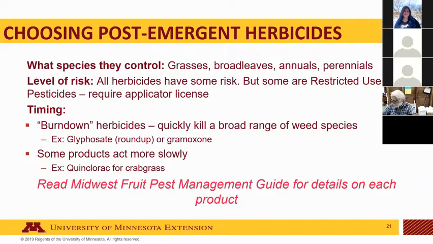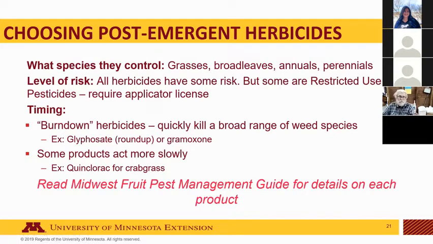The second thing to think about is the level of risk associated with that specific product. All herbicides carry some environmental and drift risk, but some are considered restricted use pesticides, which means that they've been designated to have higher risk, and they require a private or commercial pesticide applicator's license to apply them.